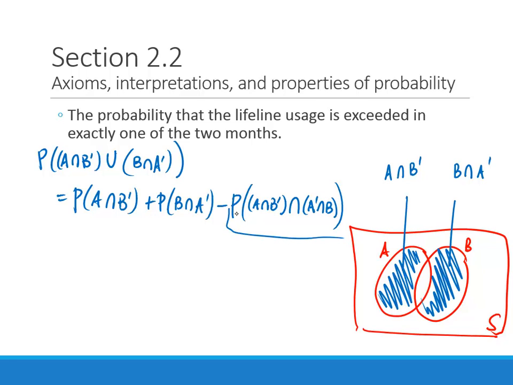So what is this probability right there? Zero, right? Those two things have no overlap.